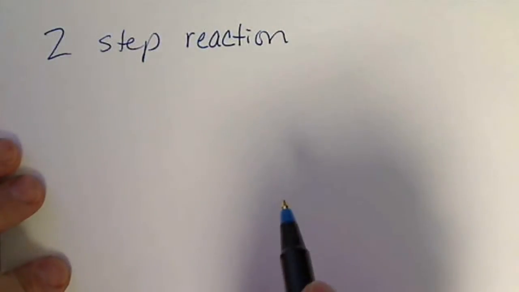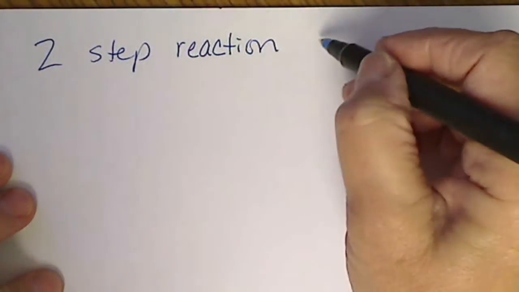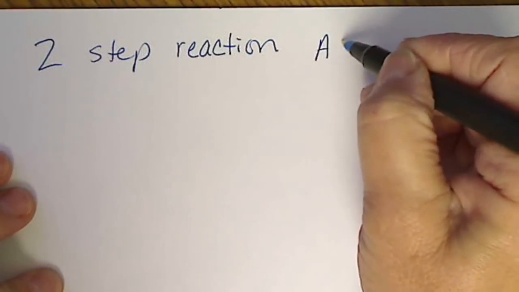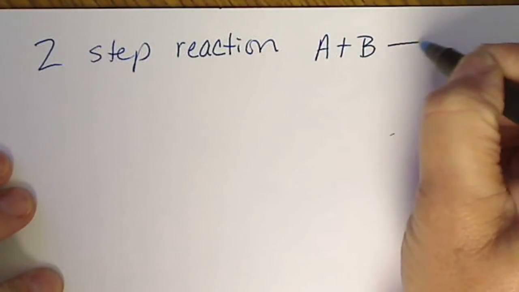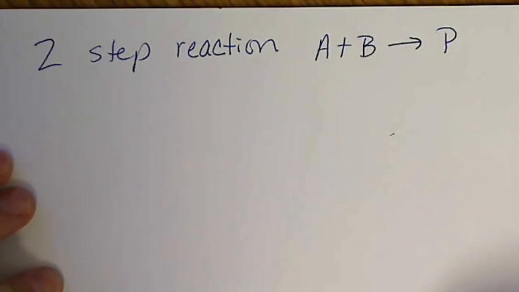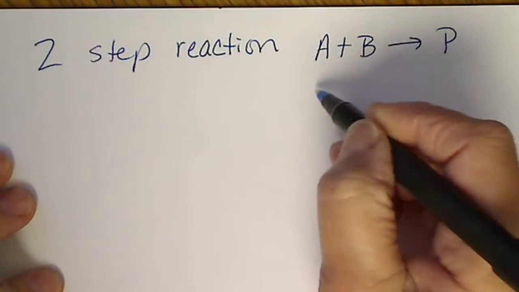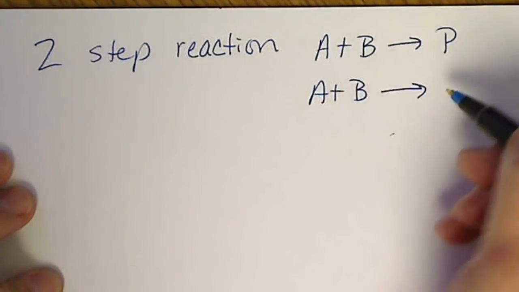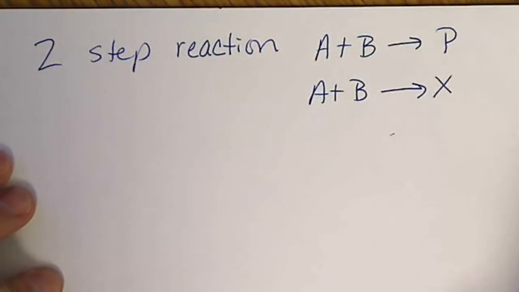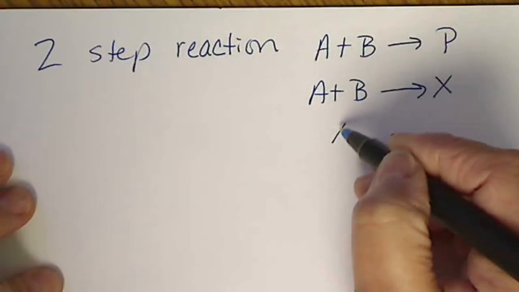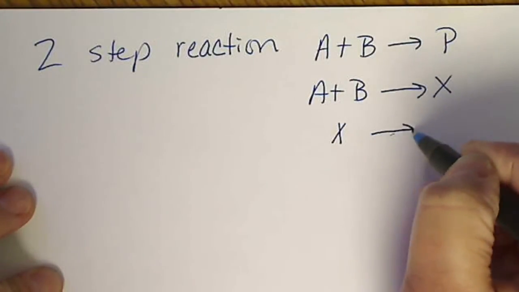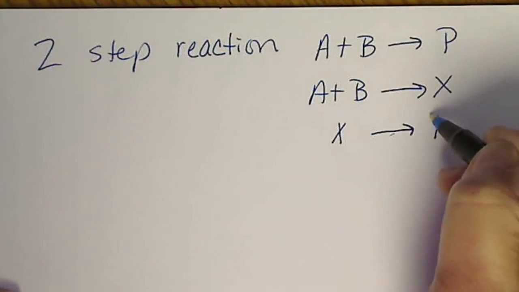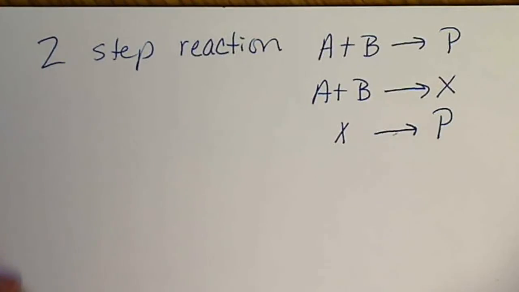But a two-step reaction would be, for example, if we have A plus B forming products, but we may know that A plus B makes an intermediate, some product X, and then that product X, the intermediate product, turns into the actual final products.